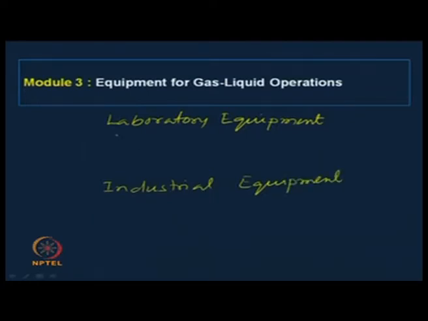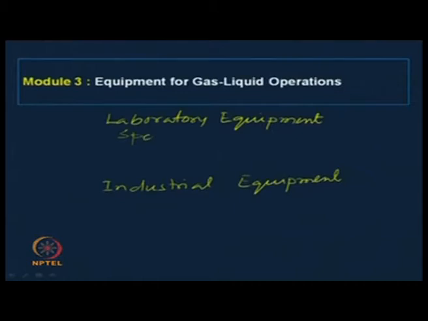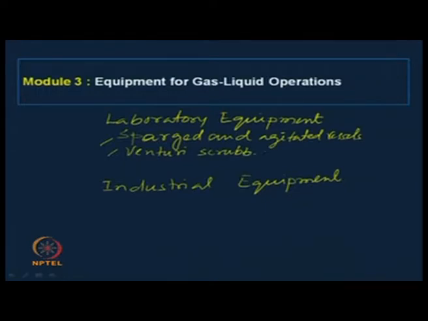In laboratory equipment, we will be discussing sparged and agitated vessels, Venturi scrubber, and wetted wall tower.